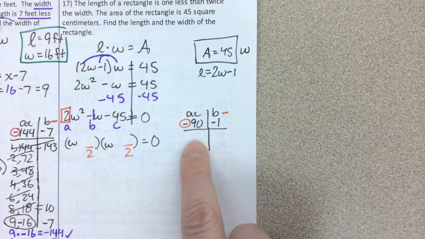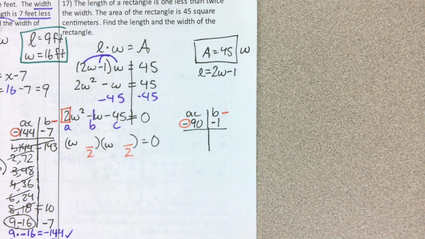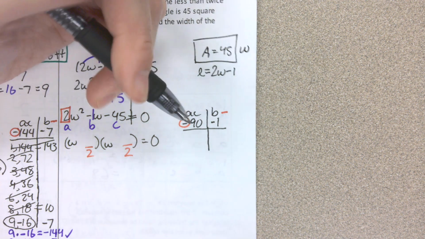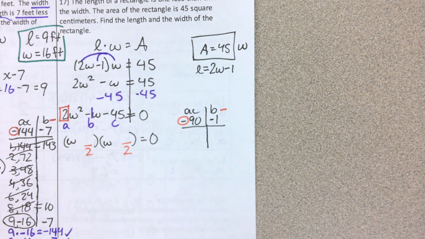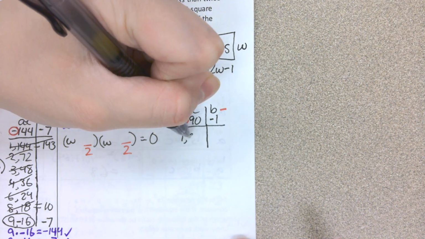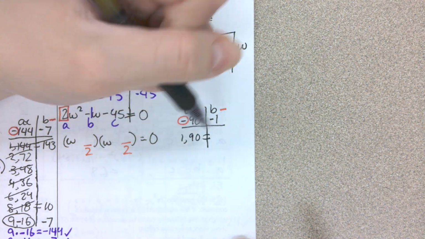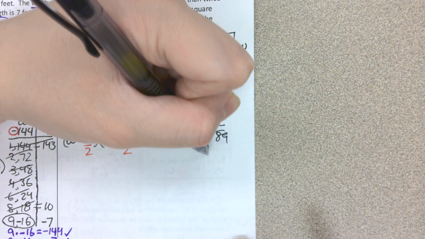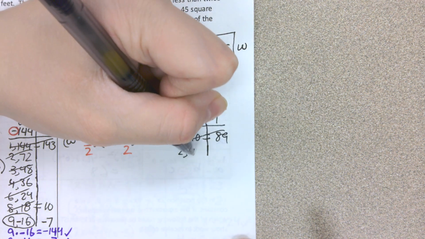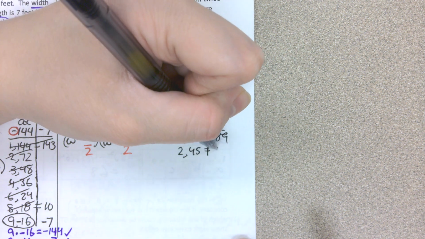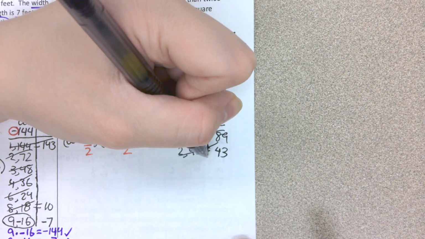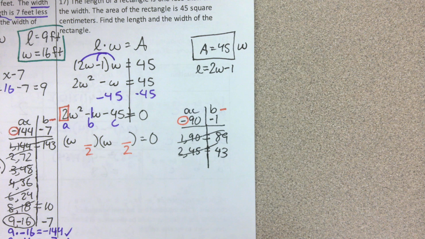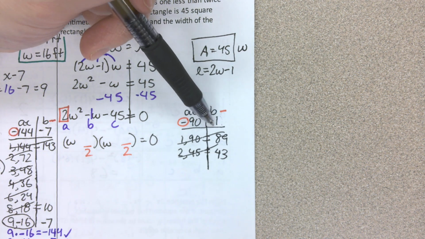So we need to subtract 2 numbers to get 1. 90, kind of a big number. It's got quite a few factors. So if I do 1 and 90, if I subtract, it's going to give me 89. That's not what I want. 2 and 45, that's going to give me 43. Way too big. So basically, I need 2 numbers that are 1 apart.